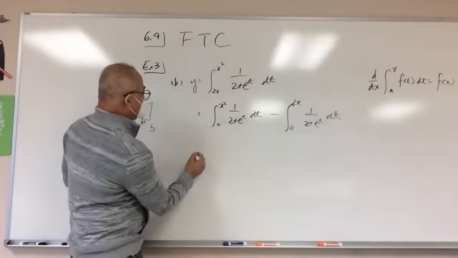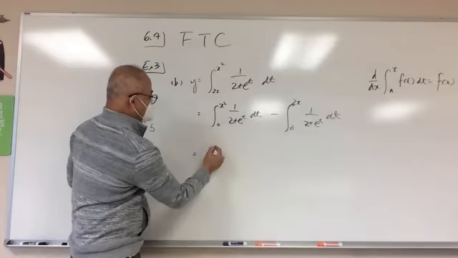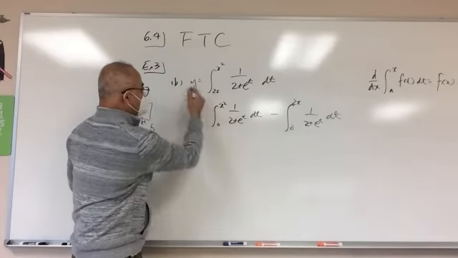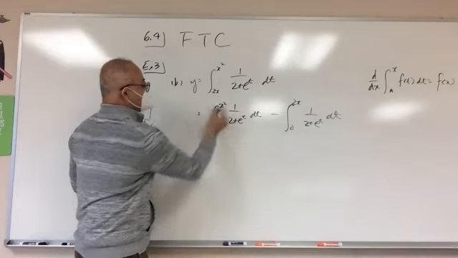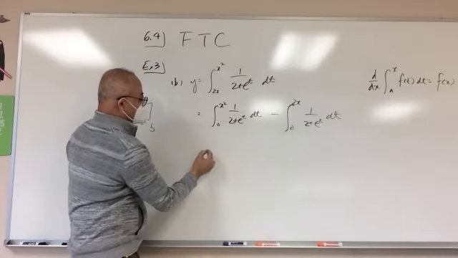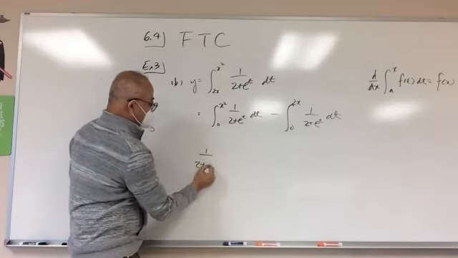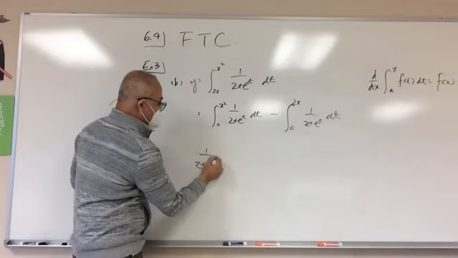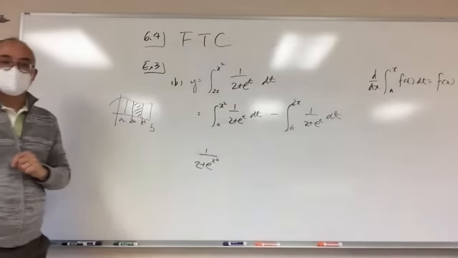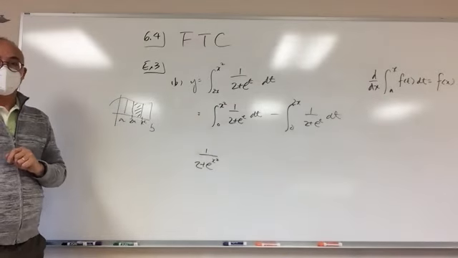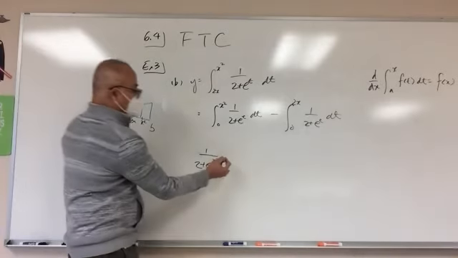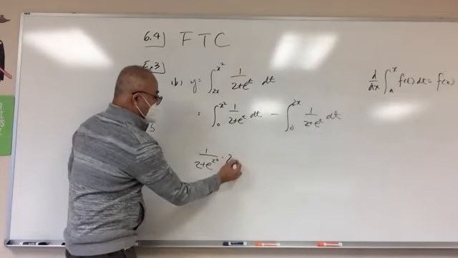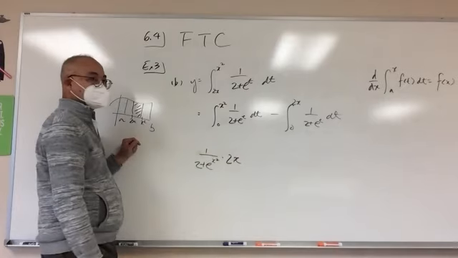So what do we get? If I take the derivative of this, now what do I get? I take the derivative of this, which is going to be 1 over 2 plus e to the x squared. Then what do I have to do? The chain rule. So what am I going to get? Multiply this by 2x, right?